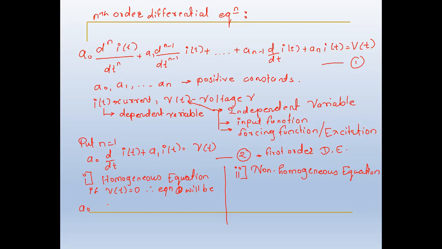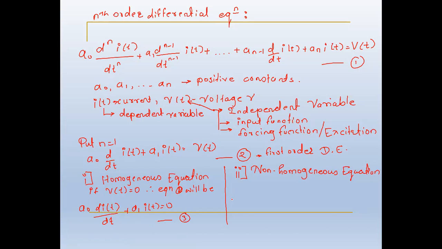So it will be a0 di(t)/dt plus a1 i(t) is equal to 0. This is called a homogeneous equation. I call this equation number 3.